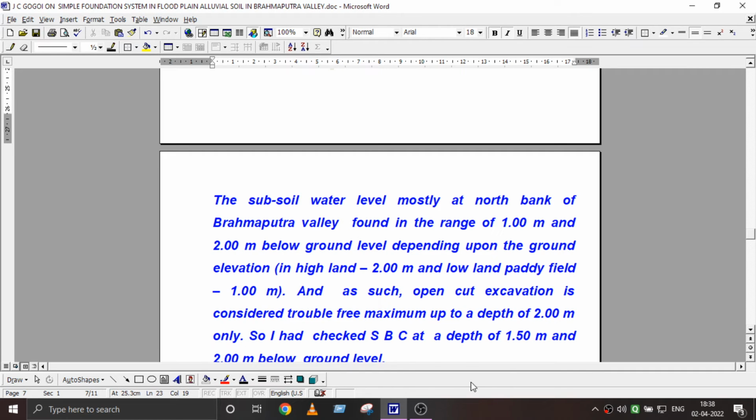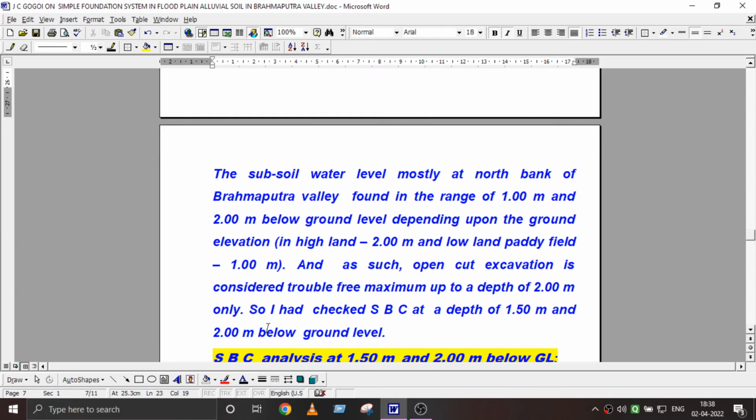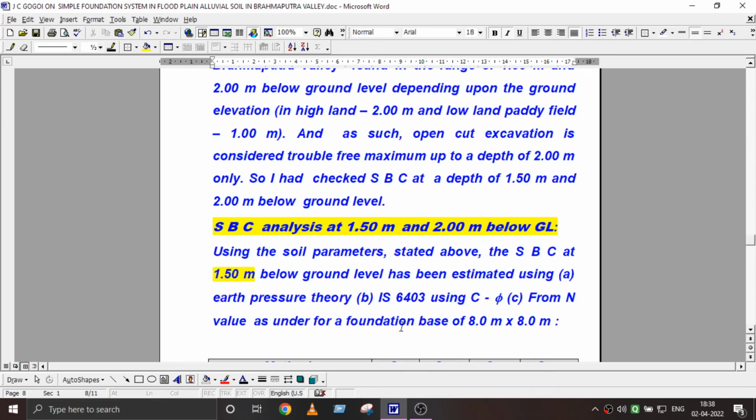So I had checked SBC at a depth of 1.5 meter and 2 meter below ground level. Using these soil parameters stated above, the SBC at 1.5 meter below ground level has been estimated using earth pressure theory, the original theory of earth pressure, that is Rankine theory, which nowadays we use to cross-check the depth of foundation.